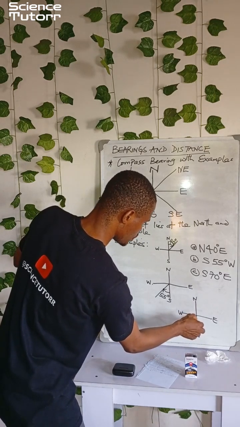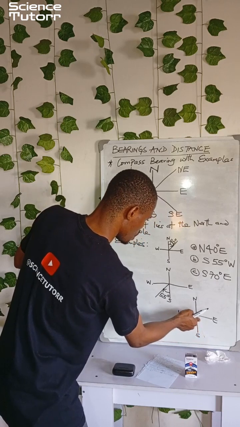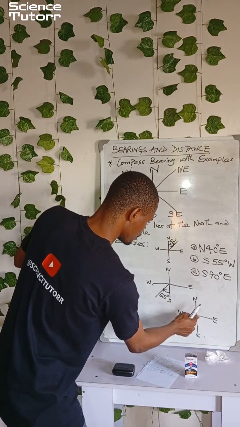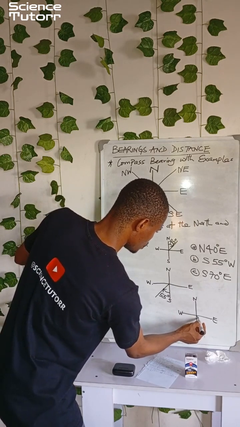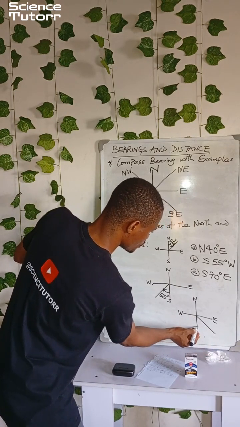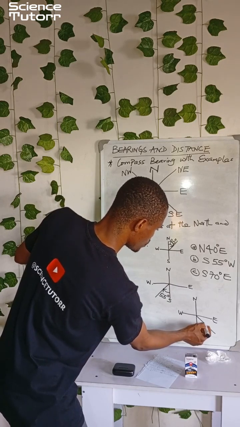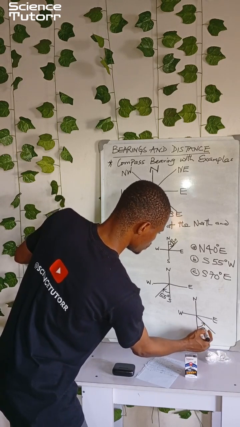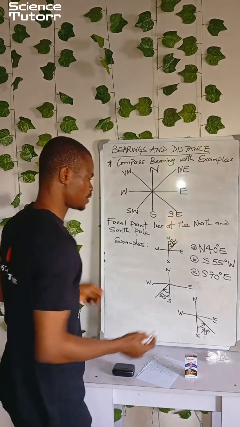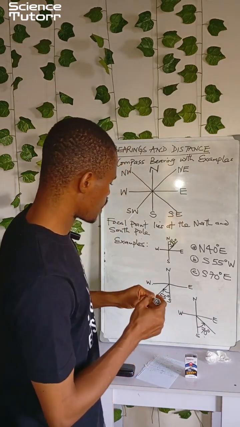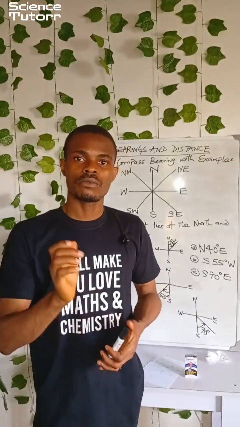So 70 will be heading down, or rather, since we are beginning from the south, it's going to be heading this way. So southeast, from the south this way, you see the arrow? 70 degrees. So this is southeast at 70 degrees and the likes. These are all with respect to compass bearing. That is how it is drawn.